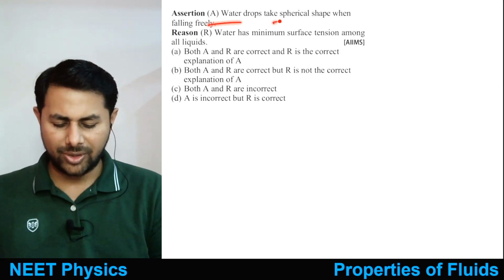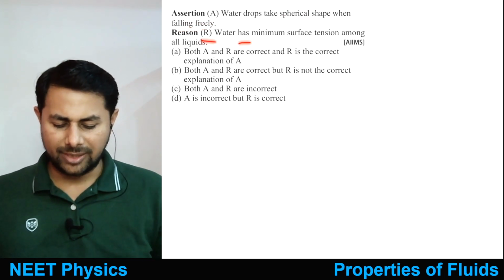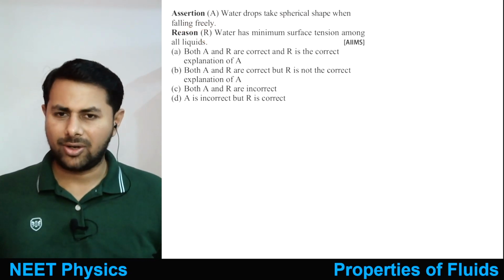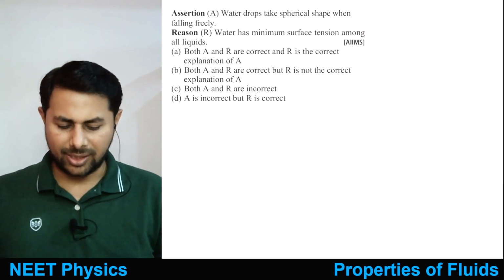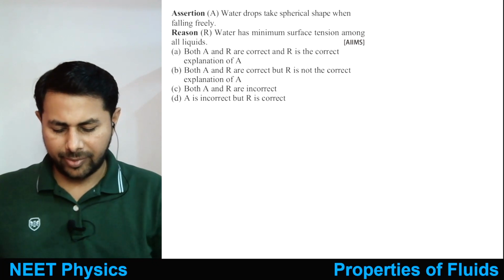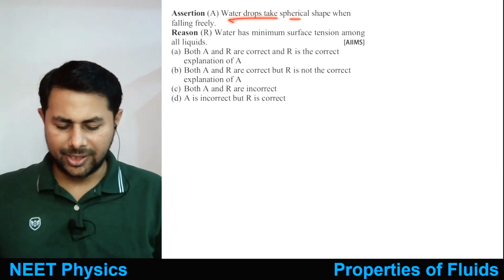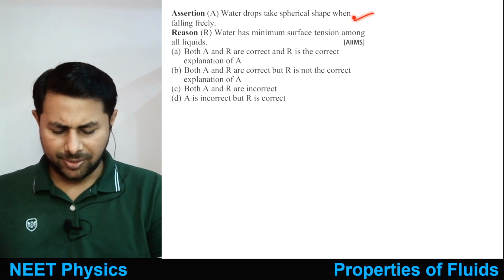The assertion is water drops take spherical shape when falling freely. The reason is water has minimum surface tension among all liquids. So this is definitely not correct. Water doesn't have minimum surface tension. Water drops take spherical shape when falling freely. This one is correct.